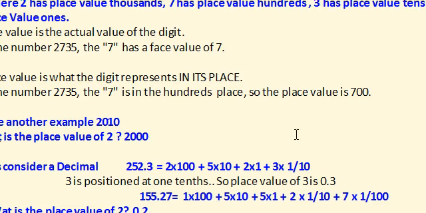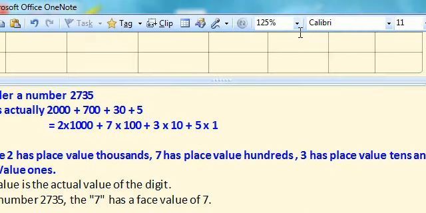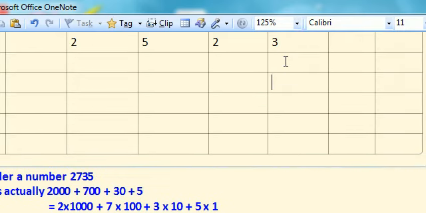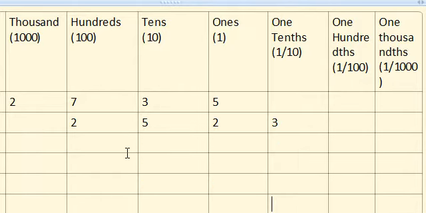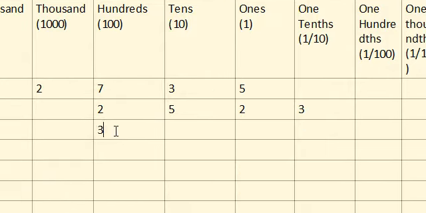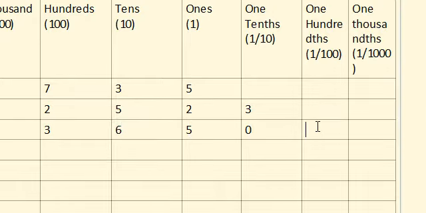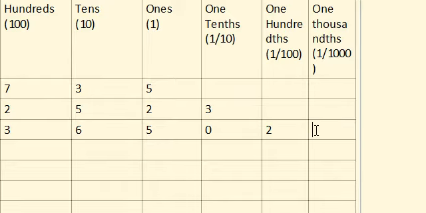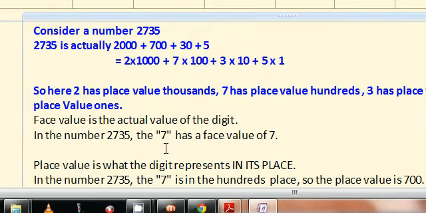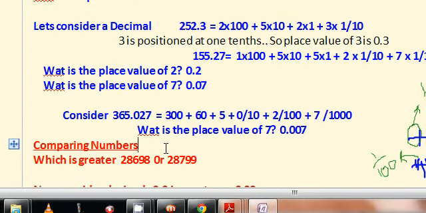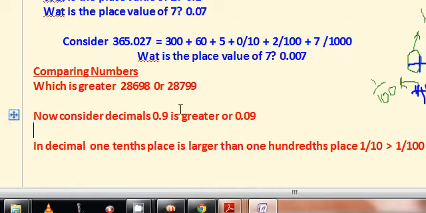So if I write 365.027 in the table, I will write it as 365.027. Now we are going to see how to compare decimal numbers.